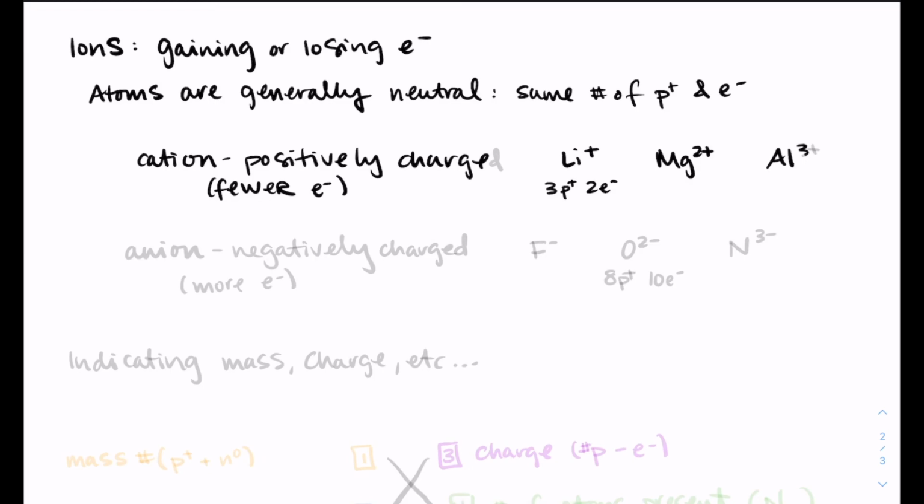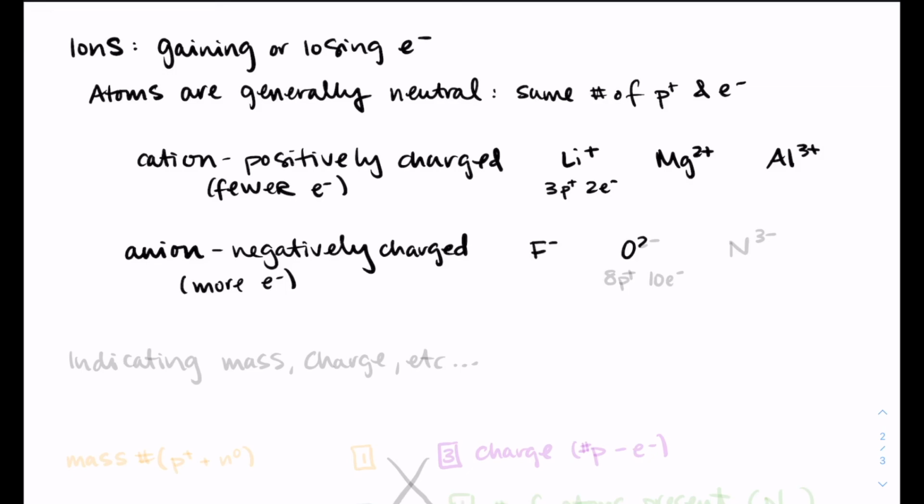Lithium has 3 protons. And if the charge is plus overall, then it only has 2 electrons. See if you can do this for magnesium 2 plus and aluminum 3 plus. I'll give you a hint. Magnesium has an atomic number of 12 and aluminum has an atomic number of 13.